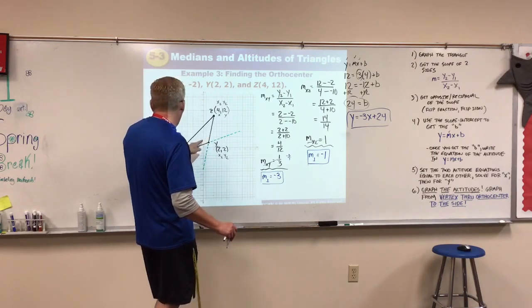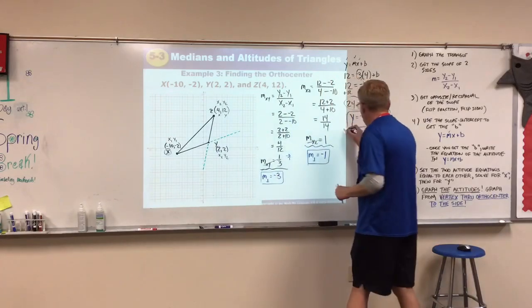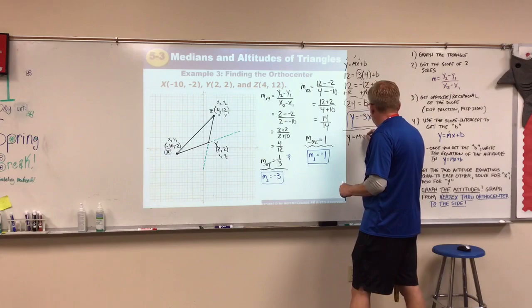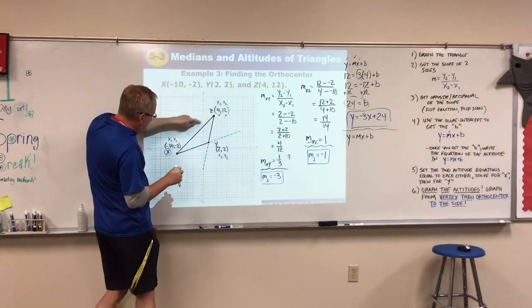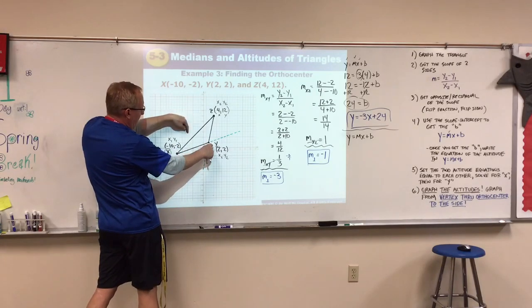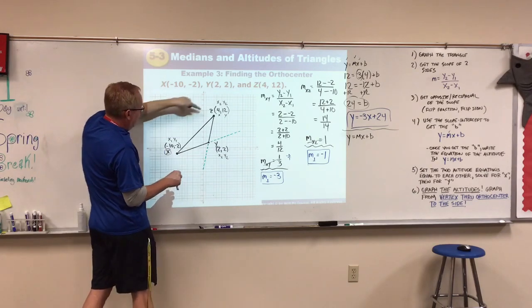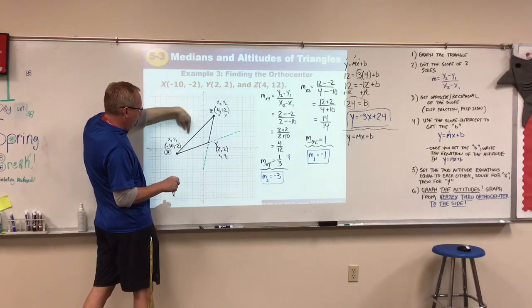I then have to do it for the other one, xz. So again, y equals mx plus b, and if I'm using x and z as my side, I use the vertex opposite the side. If you're using x and z, it's whatever the point is that's not on the referenced line.